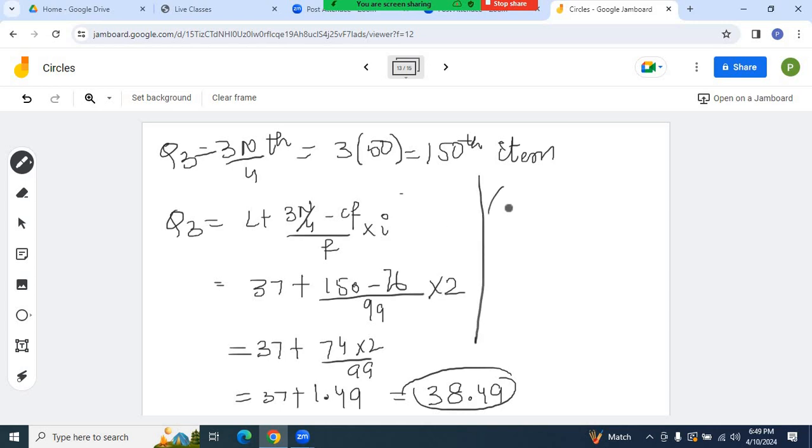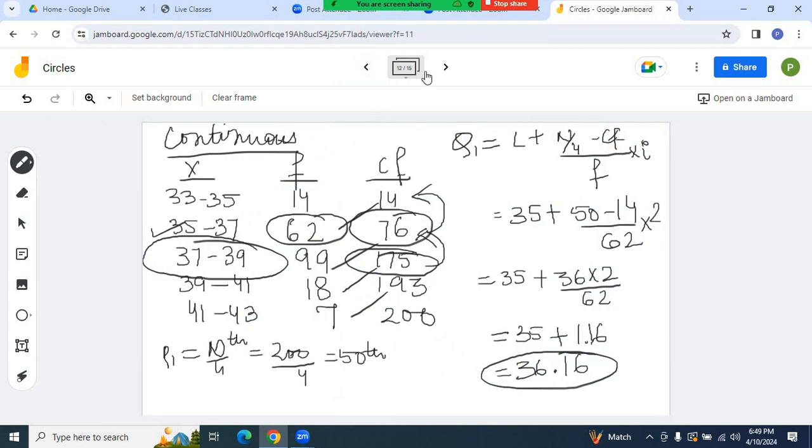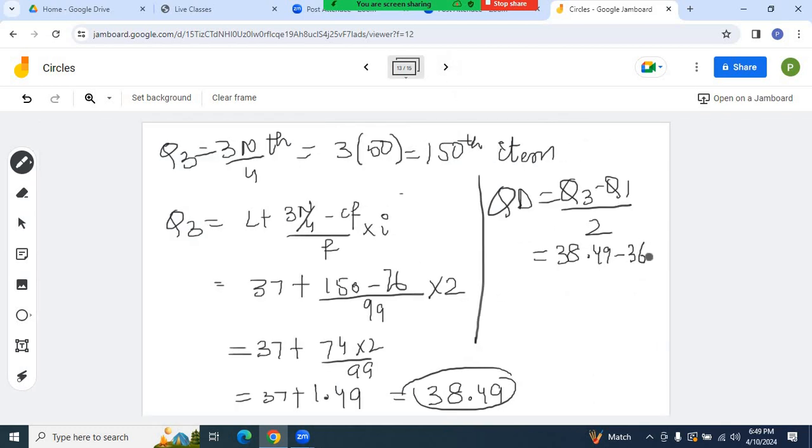So quartile deviation will be Q3 minus Q1 by 2. 38.49 minus Q1, quartile 1, 36.16, upon 2. 38.49 minus 36.16 is 2.33, divided by 2, 1.16.